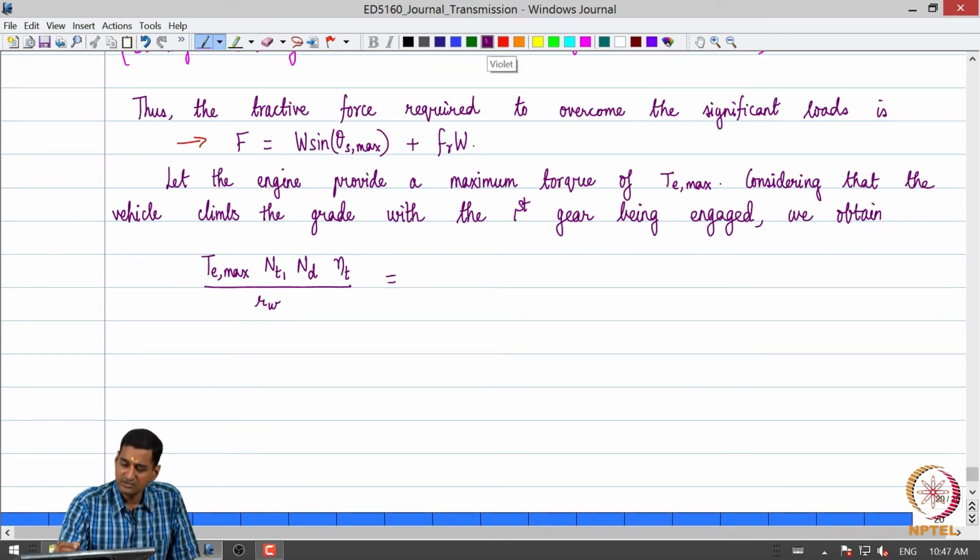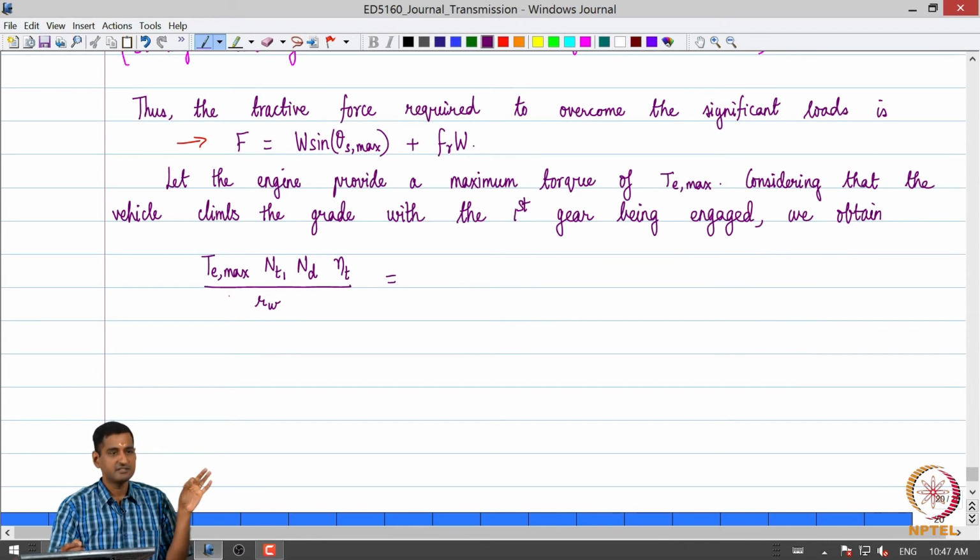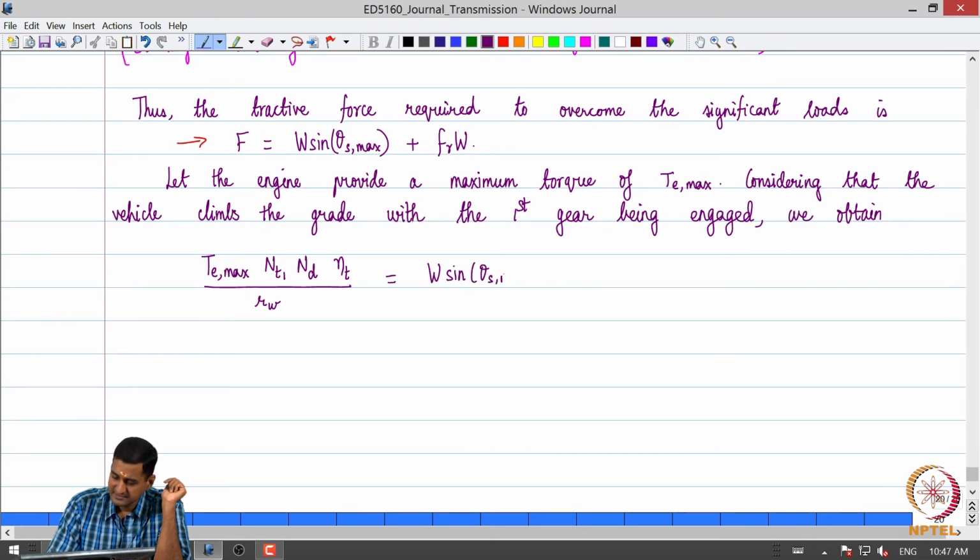If we are getting the maximum torque as Te max and we have engaged the first gear, then Te max times N_T1 times N_D times eta_T divided by R_W is the corresponding force output from the powertrain. That is going to be matched to what is required by the vehicle. What is required by the vehicle? It is W sin theta S max plus Fr W.